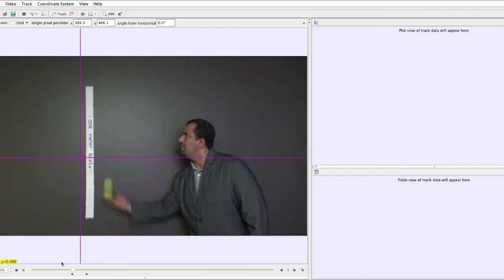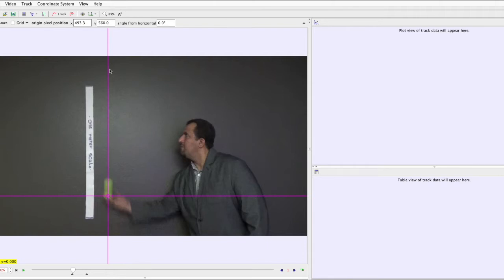Exactly. It's not clear where the ball is. Yeah, I don't have a very good camera, and that's why. So I will try to have my origin right here.